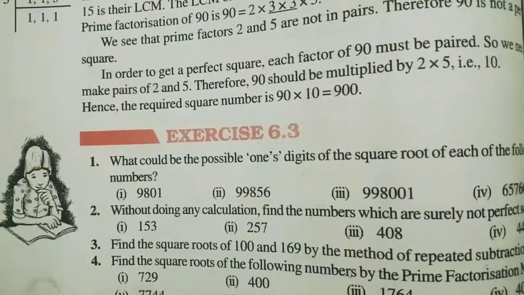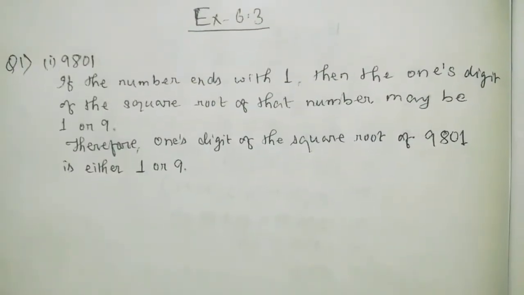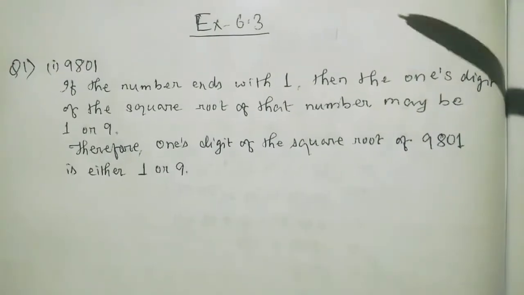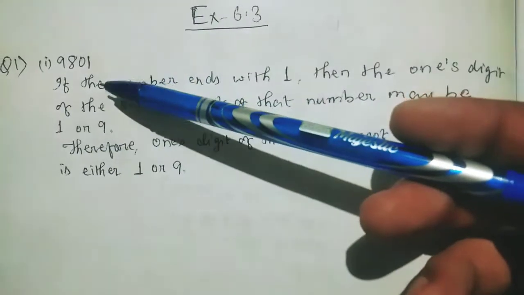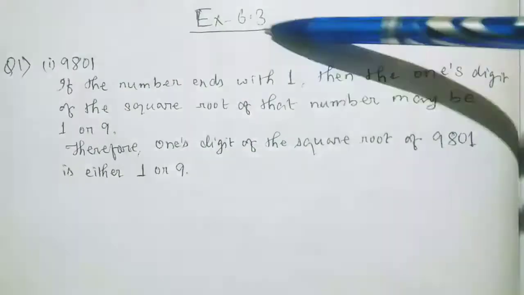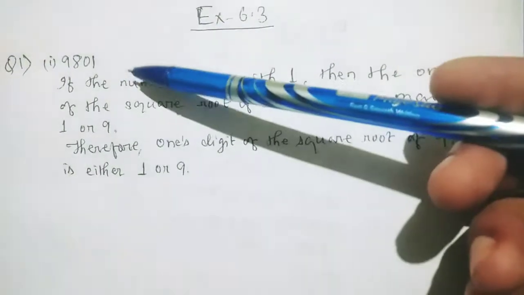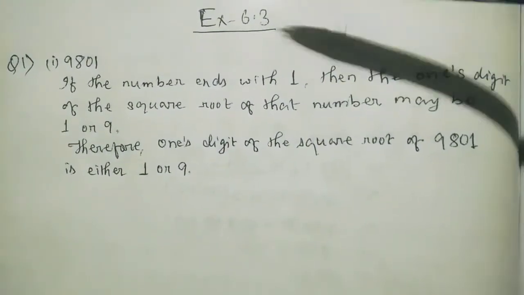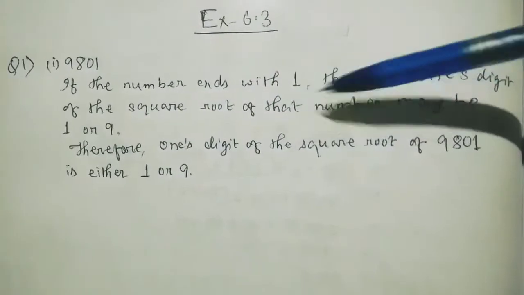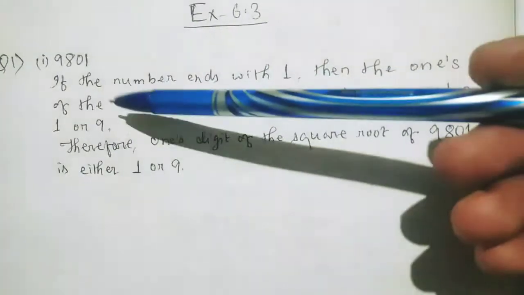Understood? So how to write this? You have to write it properly in a proper sentence, giving the proper reason. Here it is written: if a number ends with 1, then the ones digit of the square root of that number may be 1 or 9.